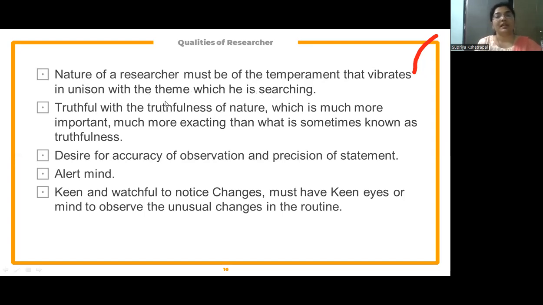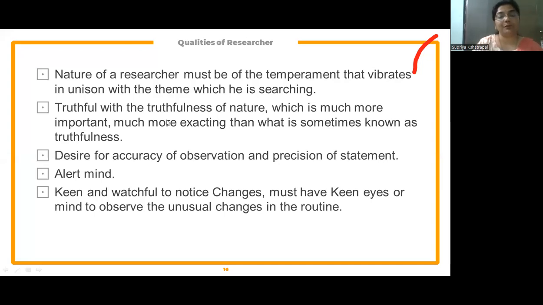That means his knowledge and his search should be in the same frequency, and that should be maintained. Then truthfulness: one cannot destroy truthfulness for the sake of getting the desired answer.